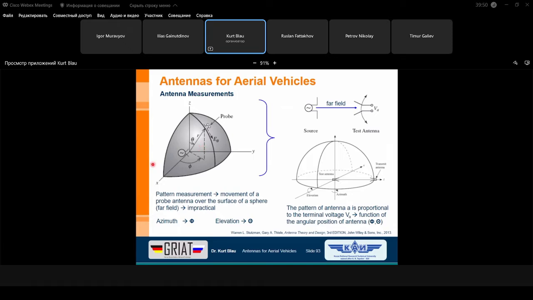I started with the idea, if you have here the antenna under test, or our sample of self-designed antenna, and now I want to measure the pattern, the radiation behavior. So you can use a probe antenna with a detector and try to go around the antenna, and then you will see, depending on the frequency and the conditions, you have for this measurement in every case to hold the Fraunhofer region, or you have to keep the far field condition.